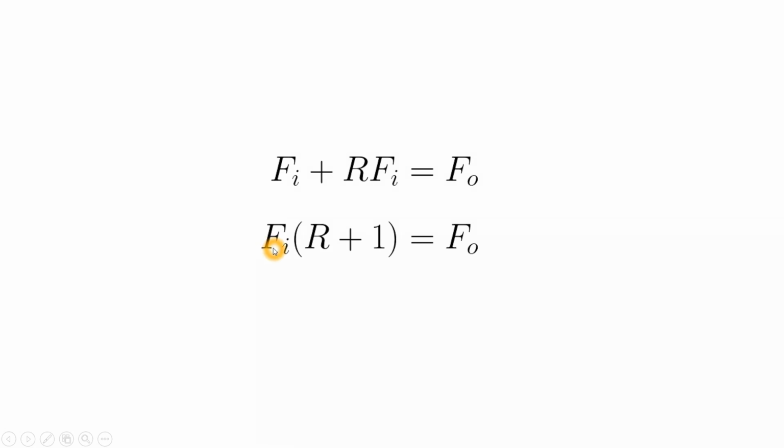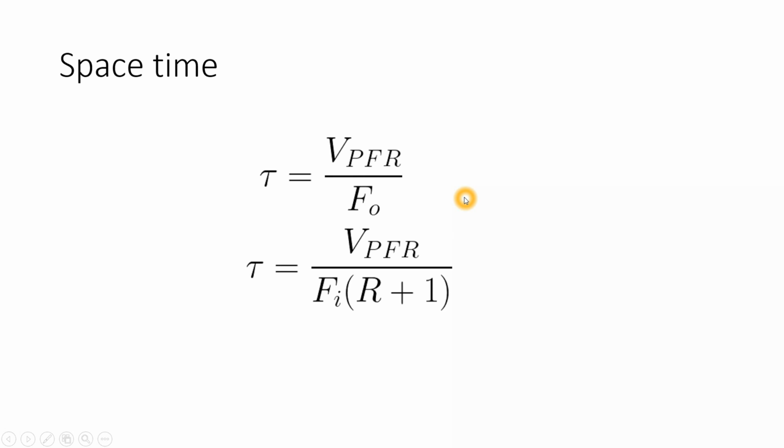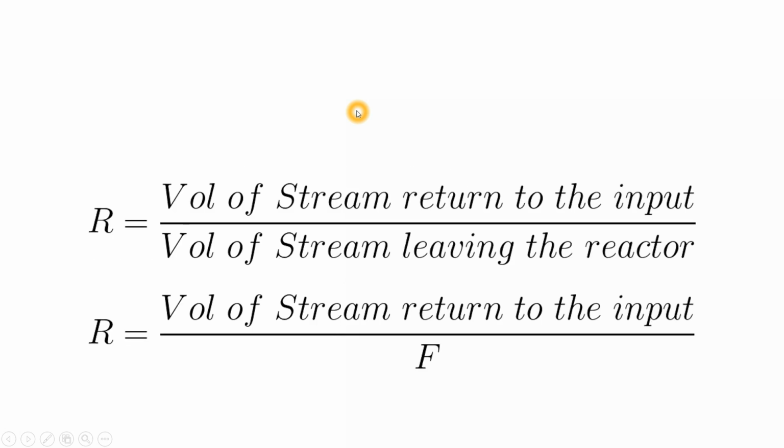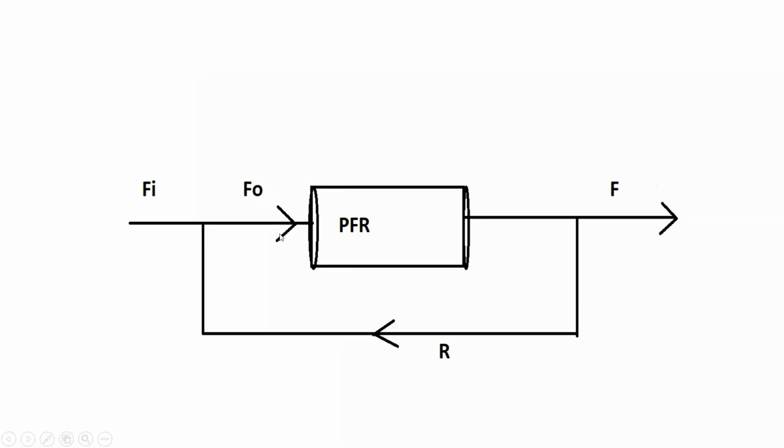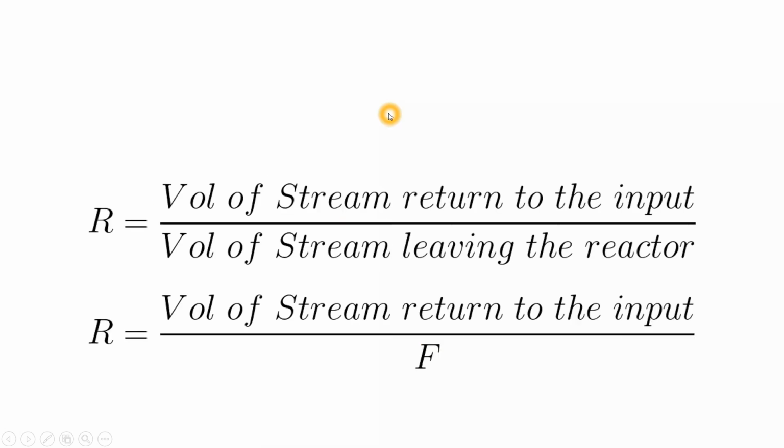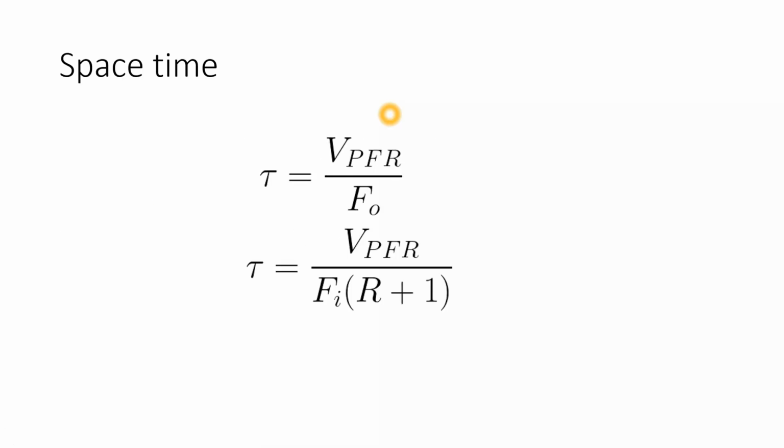Then I get Fi times (R plus 1) is equal to F0. Then space time is given as tau equal to V of PFR upon F0, since we are taking the volumetric flow rate that is actually entering the PFR. So that was the space time tau of the PFR. Instead of F0 I can write Fi times (R plus 1), no problem.